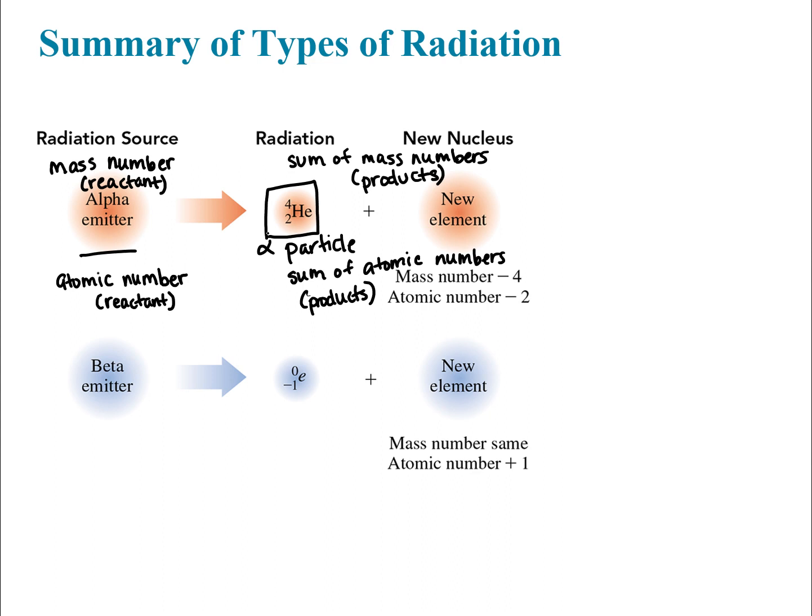The second reaction type we'll talk about is the beta emitter. Here you're losing a beta particle. A beta particle is essentially a high energy electron.